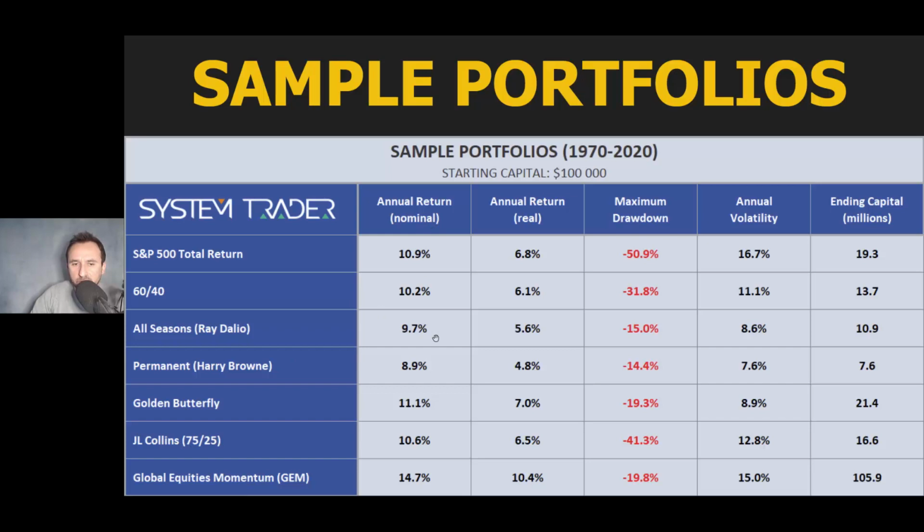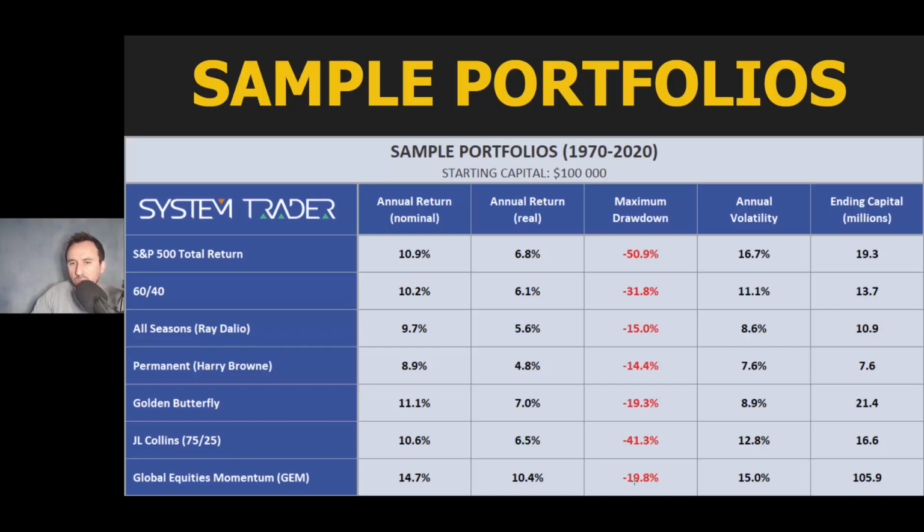Here, annual return in nominal terms is almost 15%. After adjusting for inflation, we have over 10% per year on average. And with quite modest drawdown, there is monthly data, so it's around 20%. In fact, that drawdown is a bit bigger. It's around 30-something% if we would use the daily data.